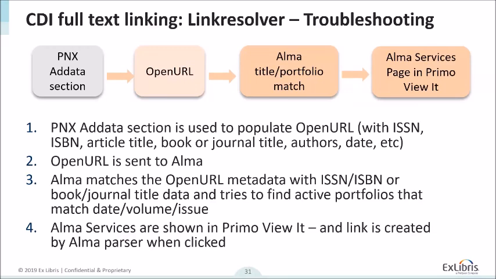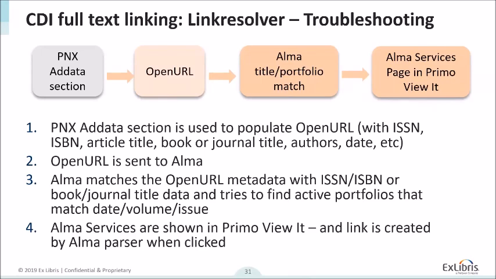Alma matches the OpenURL metadata with its active portfolios and tries to find a match. It does that by using either ISSN or ISBN, and that's the preferred option for matching. Or if there's no ISBN or ISSN, it tries to use book or journal title metadata. So the end result is that it finds an active portfolio.